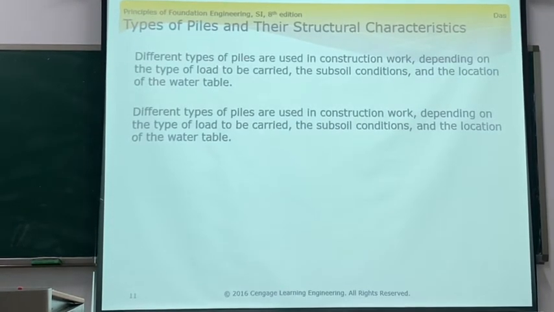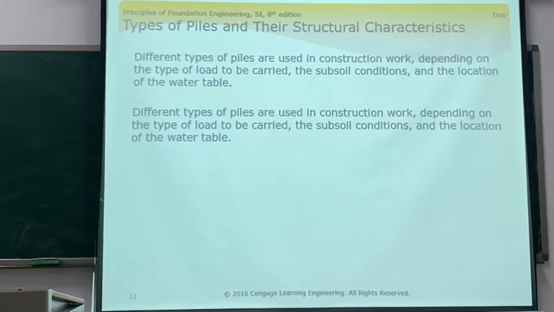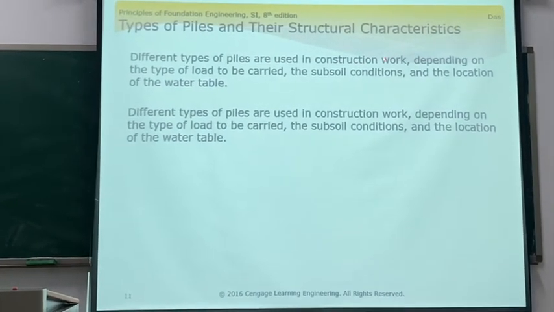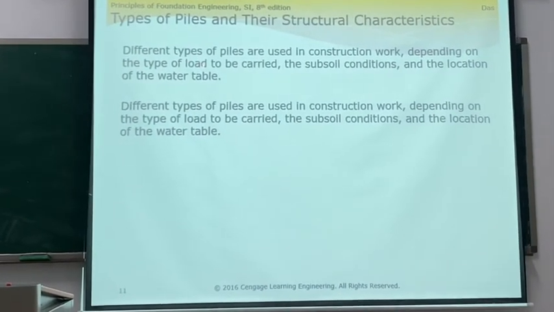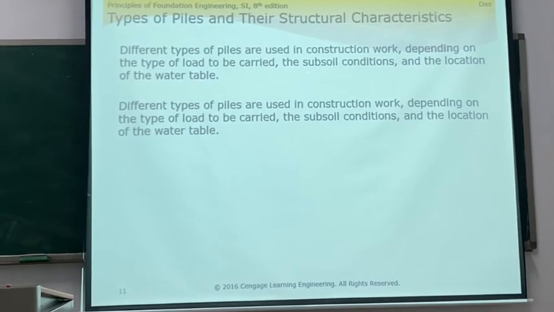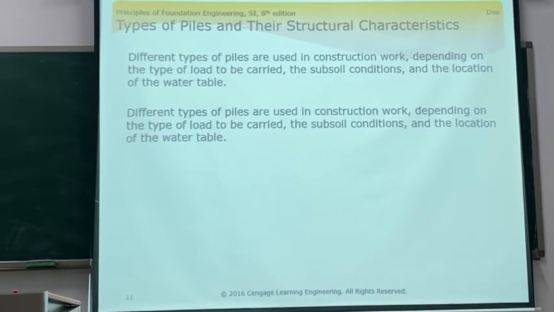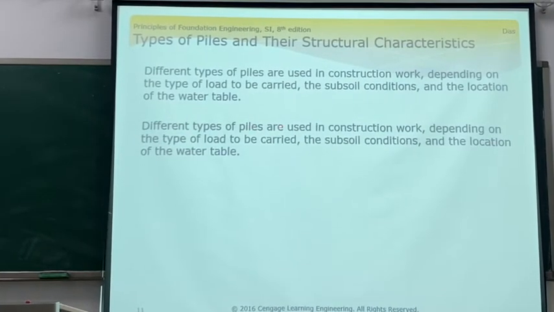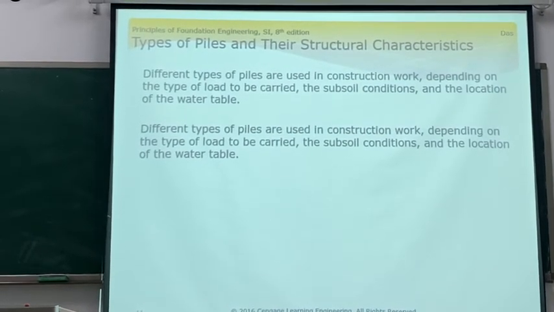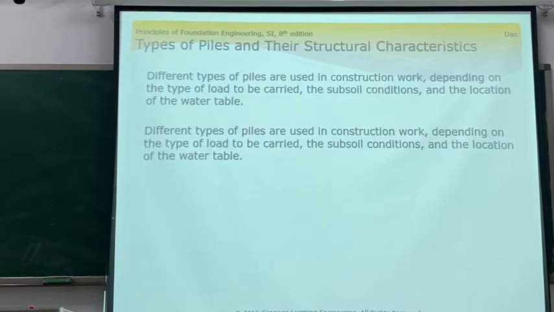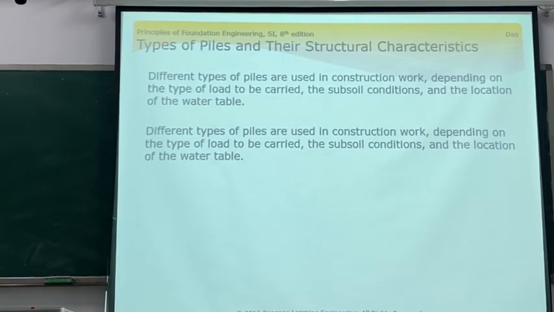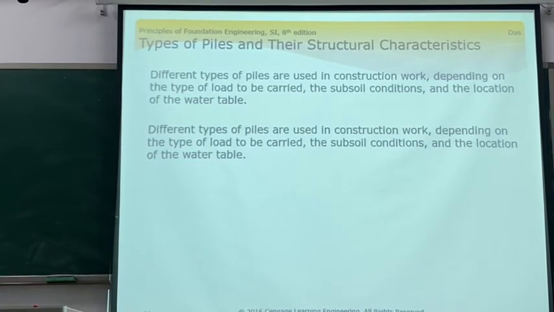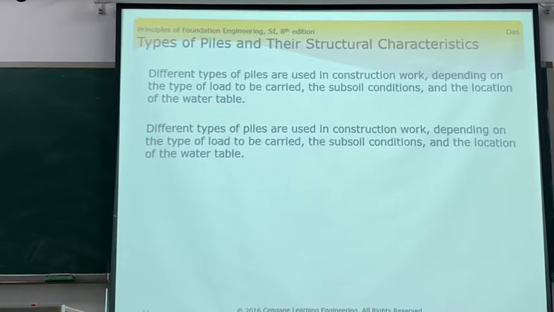The different types of piles used in construction work depend on the types of the load to be carried, the subsoil condition and the location of the water table. Maybe the water table is very high, so we can't use people to construct the whole construction.